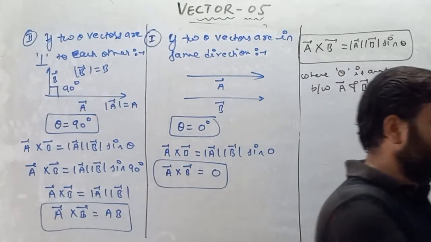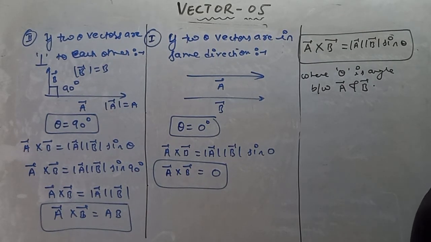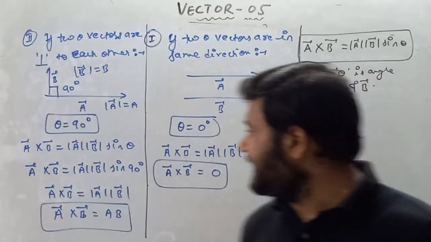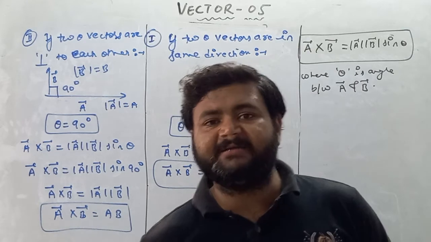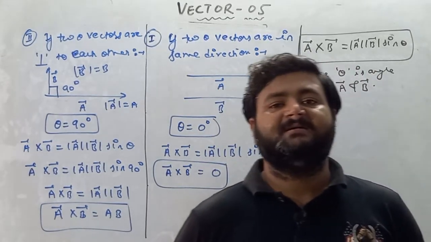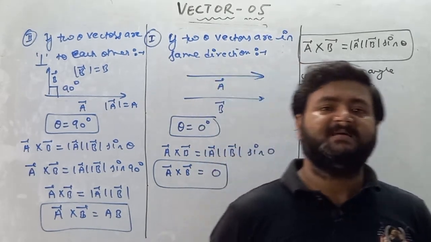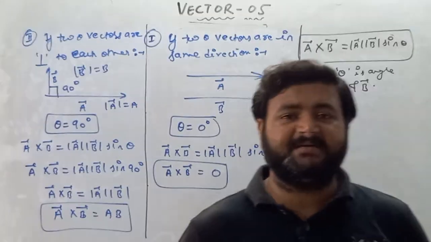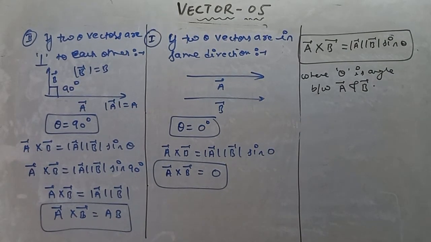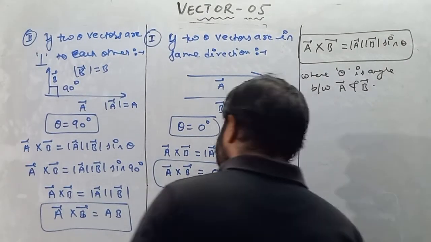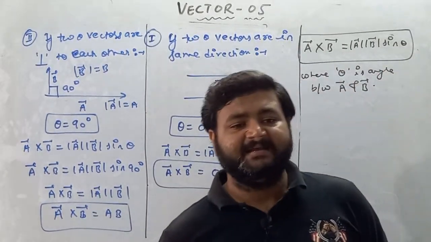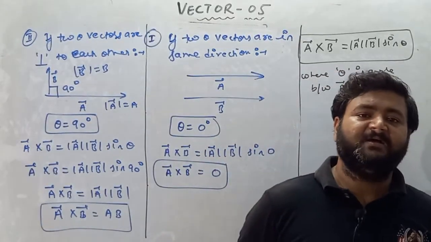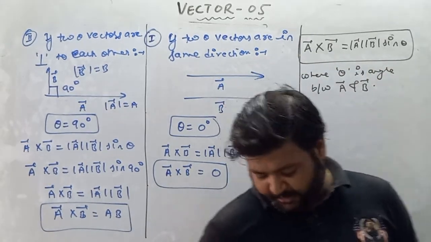So write down in the form of a note: if two vectors are perpendicular to each other, then their cross product is maximum, and if two vectors are parallel to each other, then their cross product is minimum.